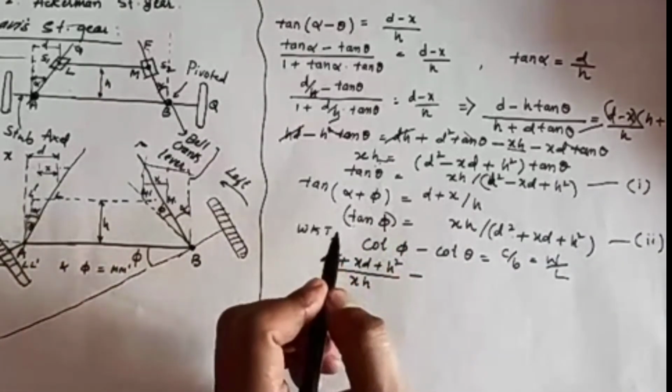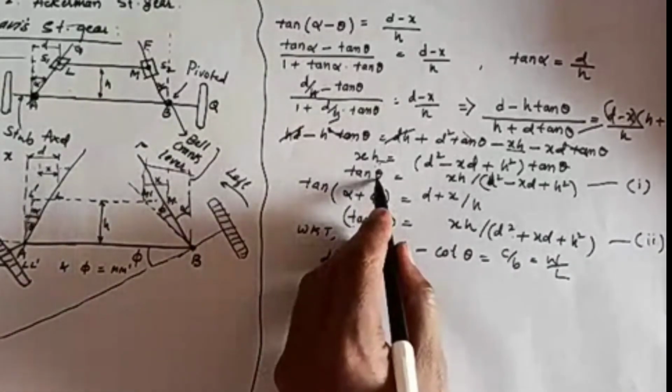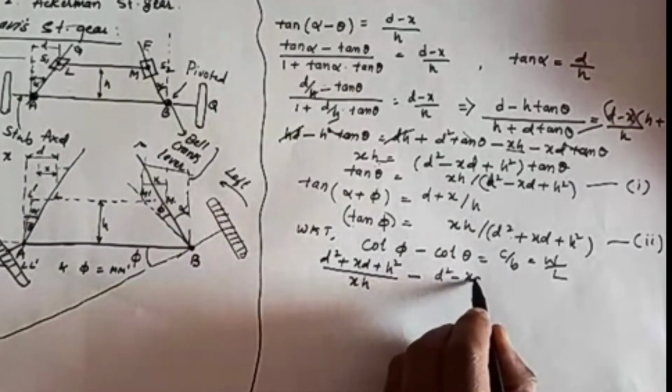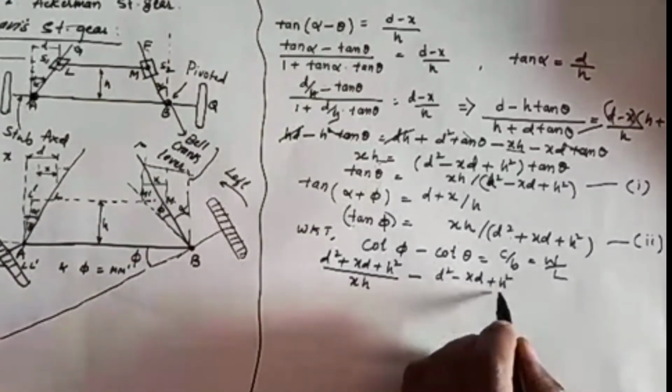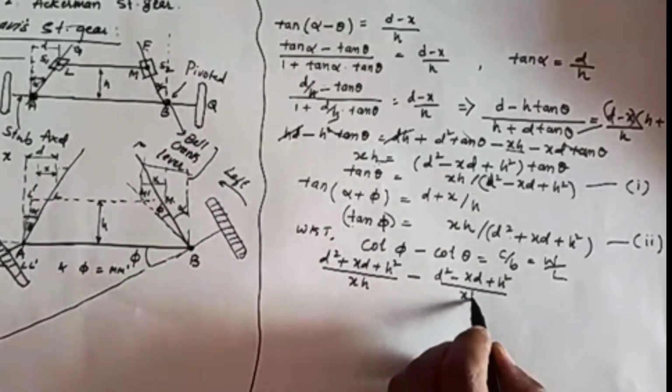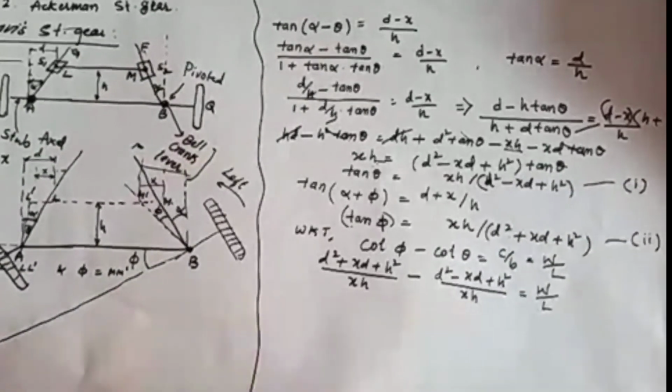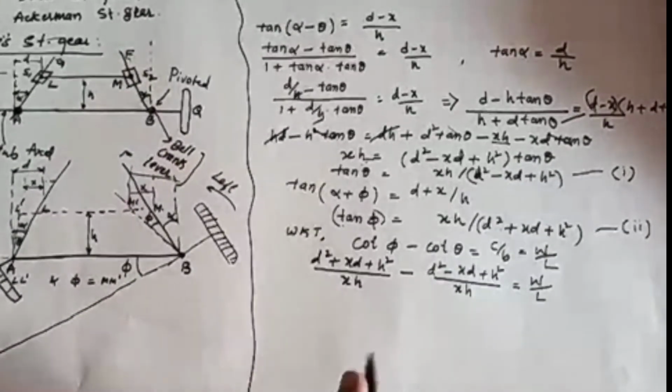Cot theta, again, is d square minus xd plus h square by xh, is equal to, let us write W by L for maintaining the standards.